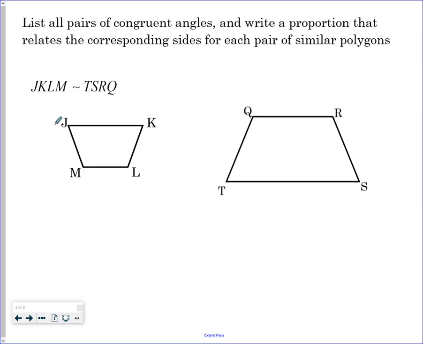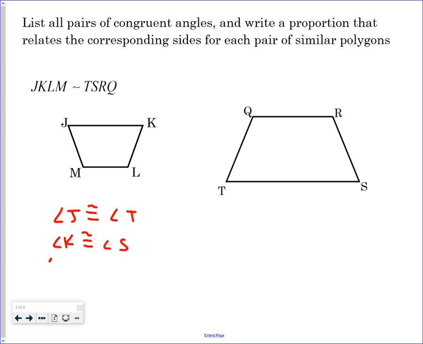But when they already gave me this similarity statement, JKLM similar to TSRQ, I know without thinking at all that angle J is congruent to which angle? T, just like before. Remember, if it's the first letter, then it's the first letter. Does that make sense? Okay, so now I know angle K, the second letter, is congruent to angle what?